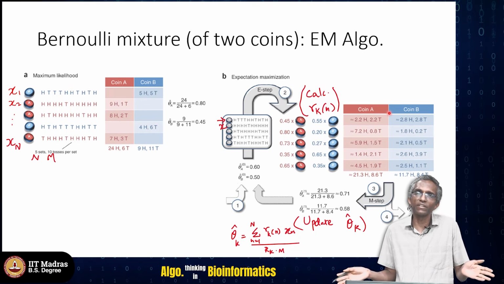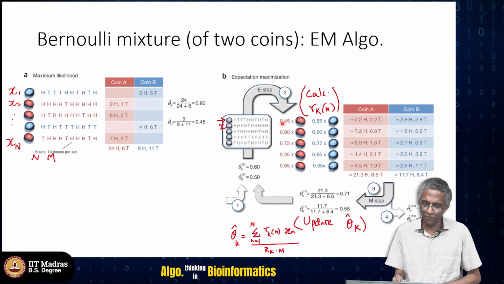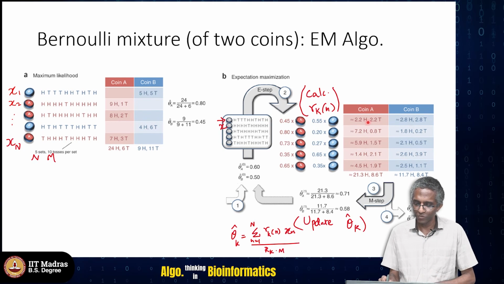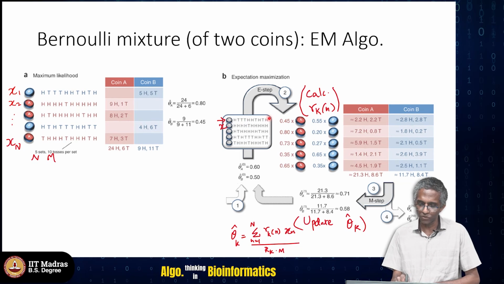You are just splitting it in this fractional way. In a 45 to 55 ratio, you are splitting the 5 heads and 5 tails, which means that 2.2 heads come to A and 2.8 come to B, and the total of them is 5 heads. And the 5 tails are also split in 2.2 to 2.8 fraction.